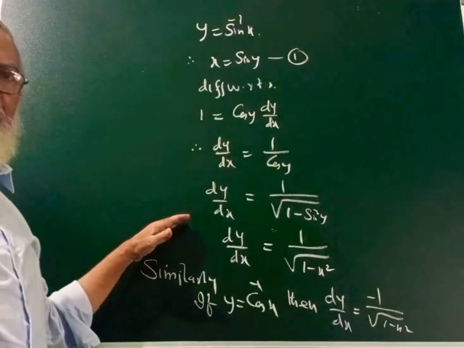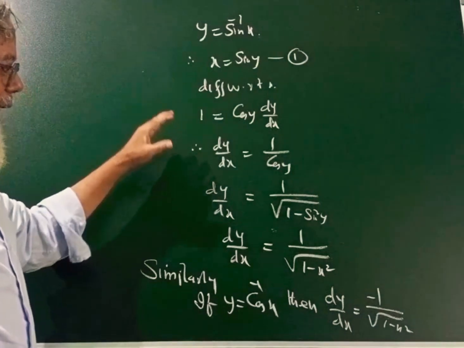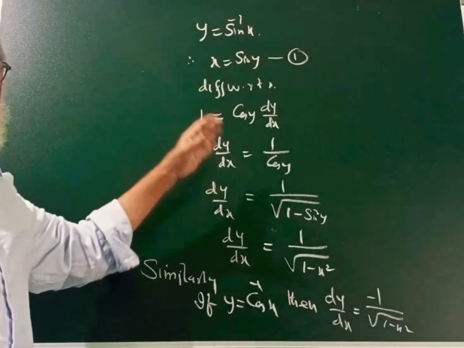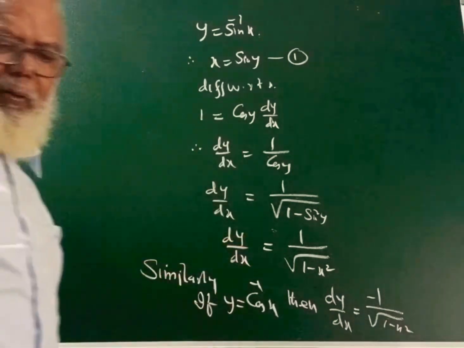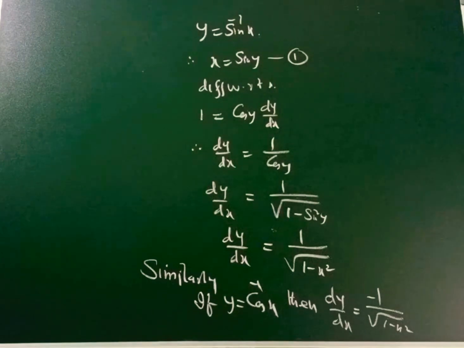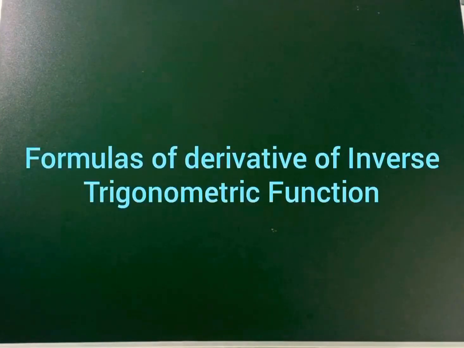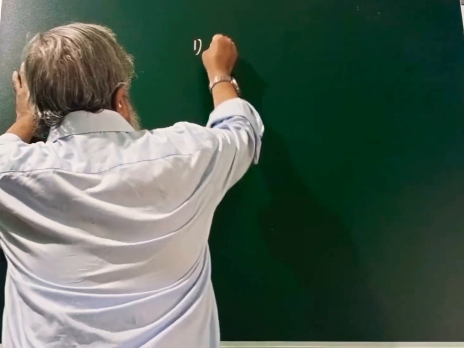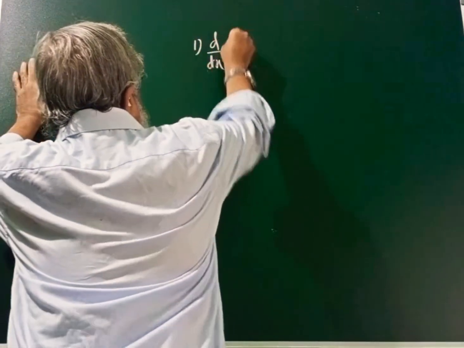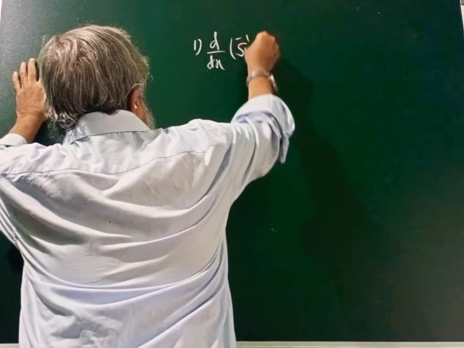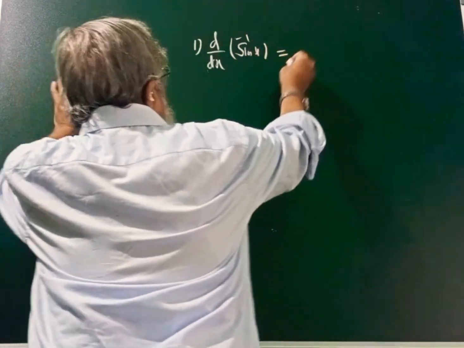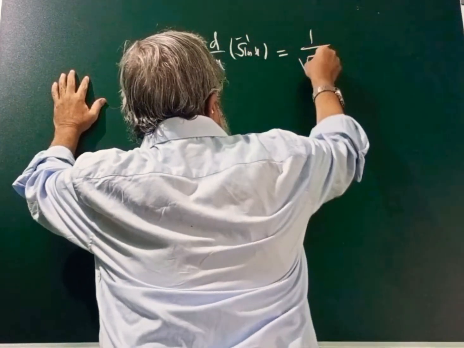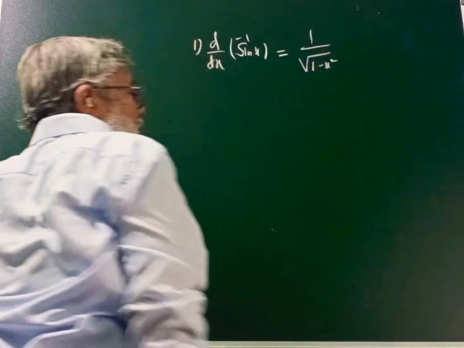So like this, we can derive all the formulas. Let us write down the list of that and then solve the problems. Formula of derivative of inverse function: differentiation of sine inverse x, as we have seen just now, is equal to 1 by under root 1 minus x square, where x is not equal to plus or minus 1.